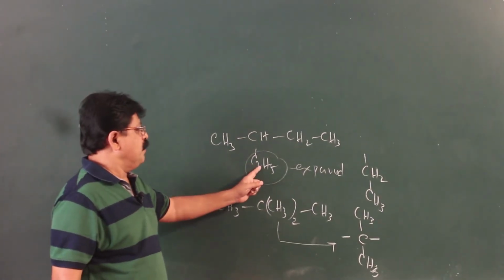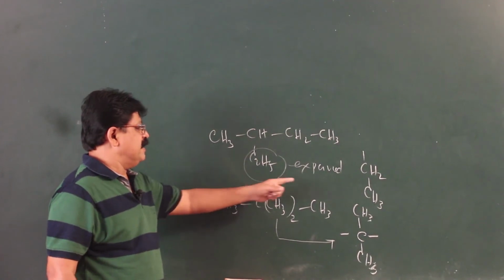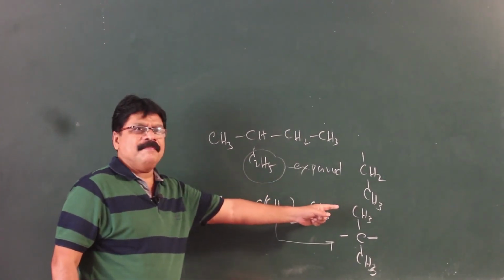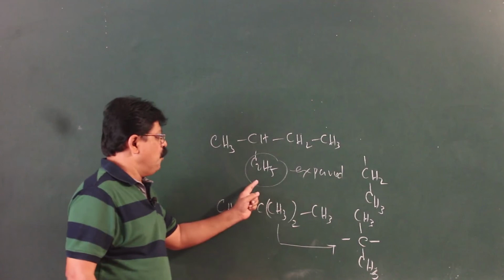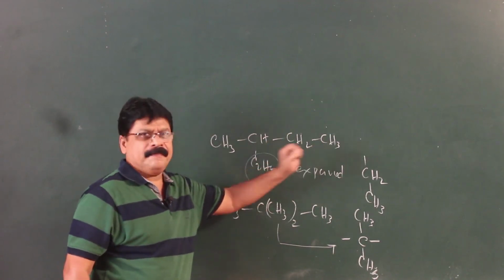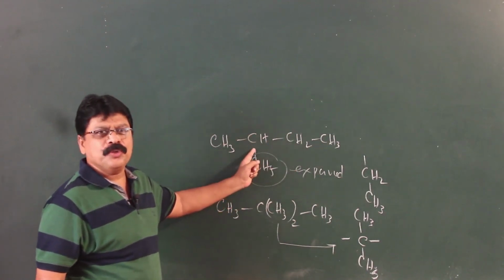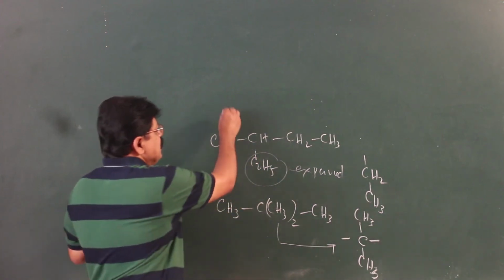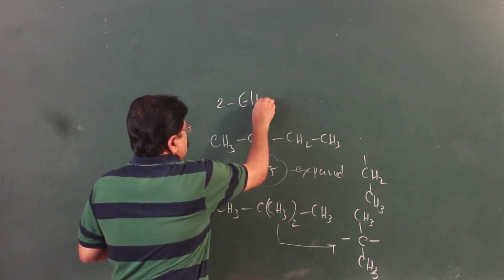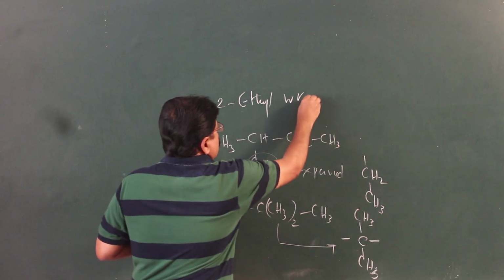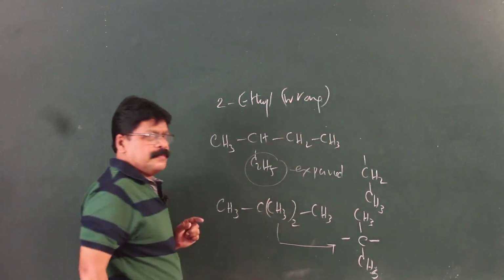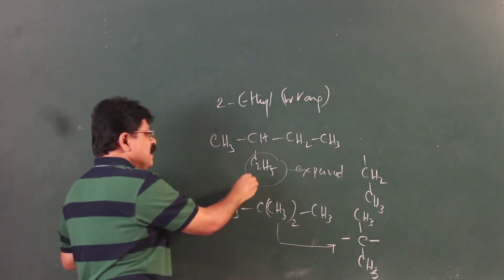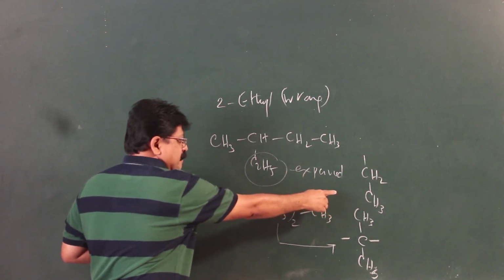This compound, when you expand, the longest chain will be this, because 1, 2, 3, 4 and 5. Don't treat it as 2 ethyl. 2 ethyl is wrong. You have to number it like that.